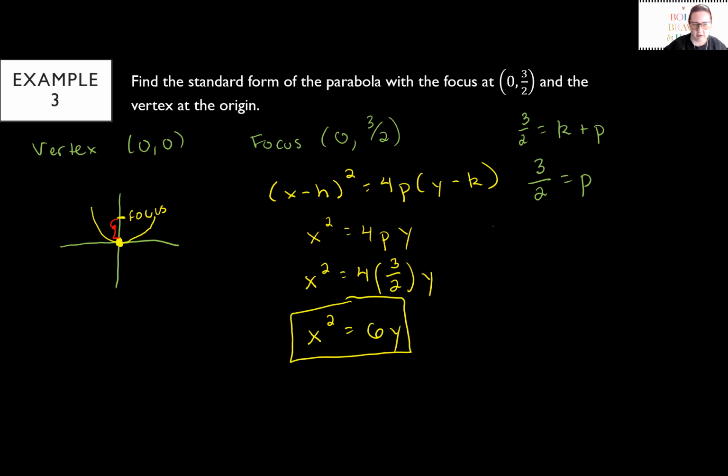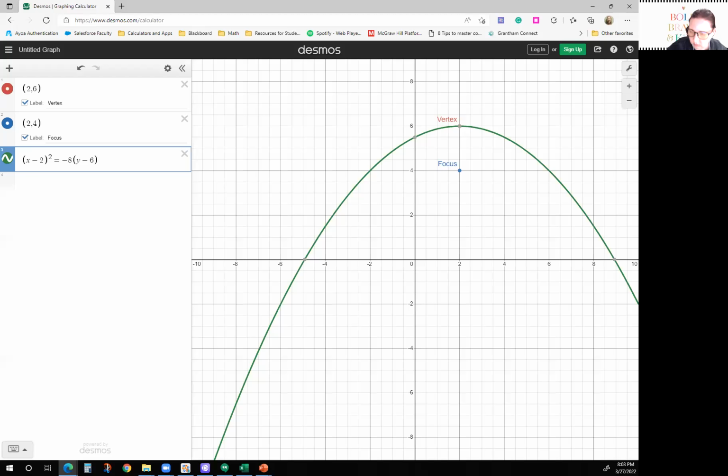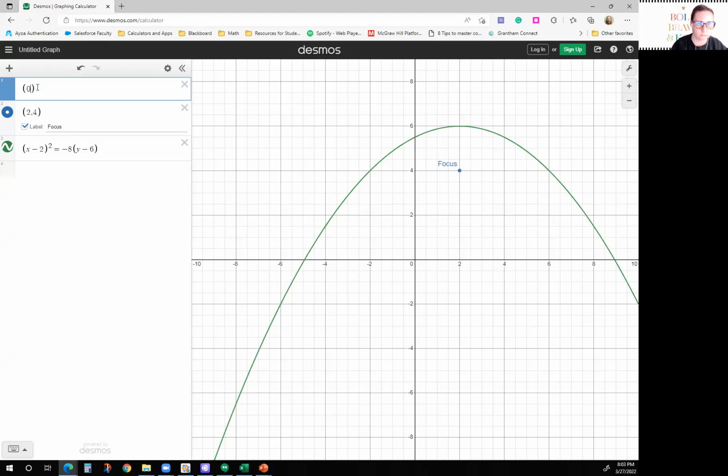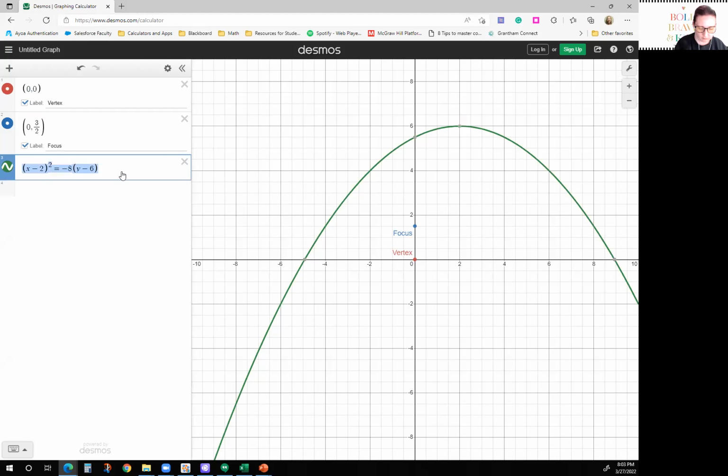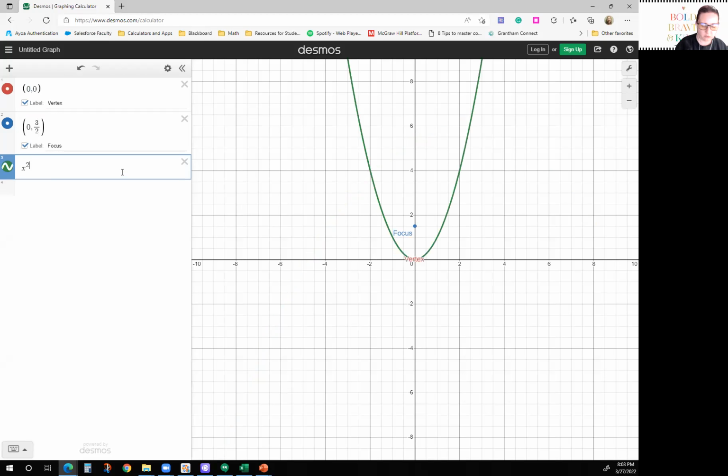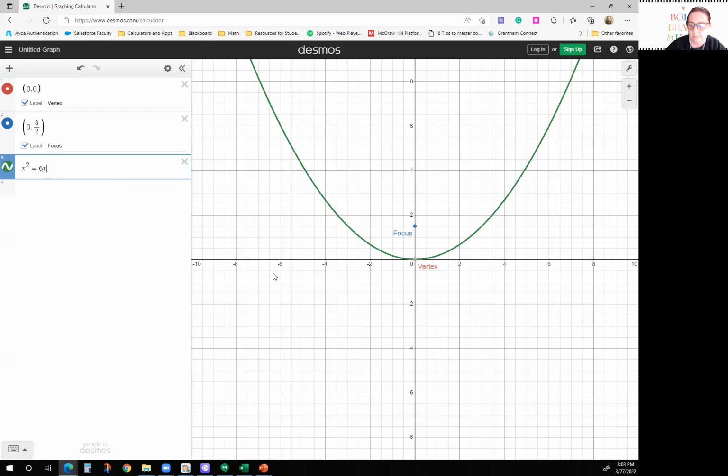So we can pull up Desmos to double check, make sure everything is in the right spot. I got my vertex, I've got my focus, and then my formula, x squared equals 6y.